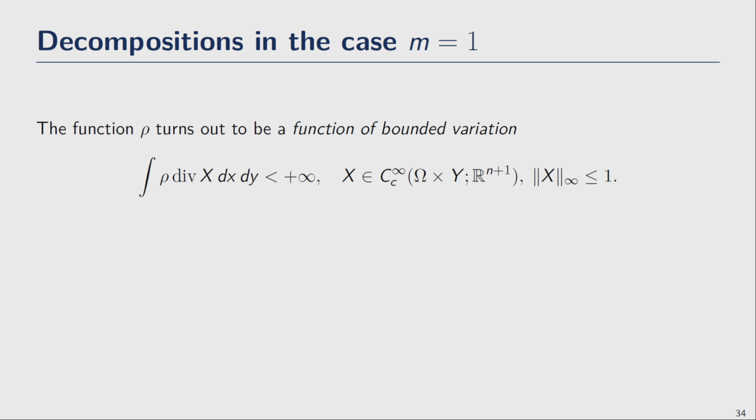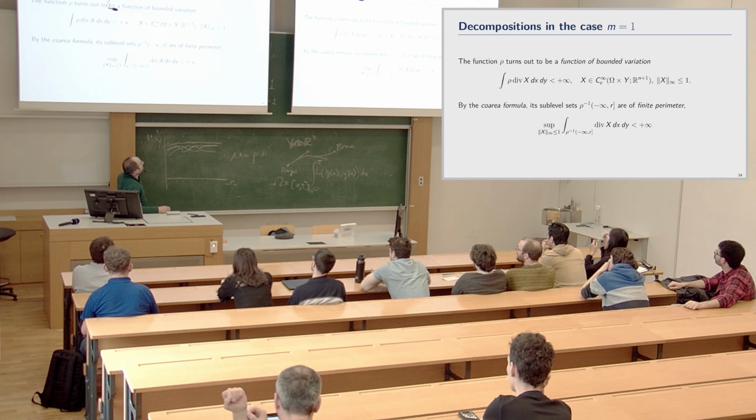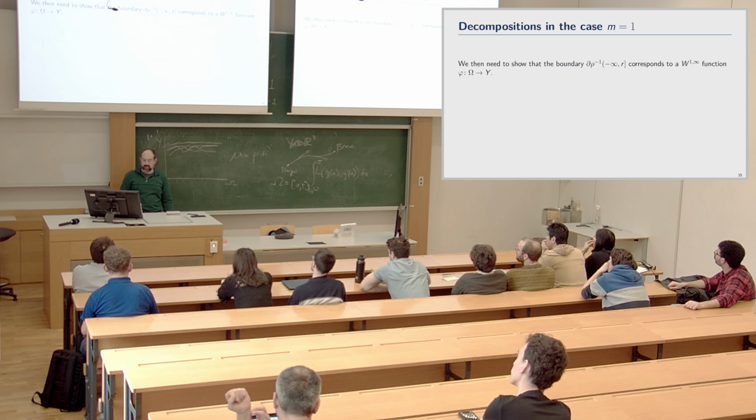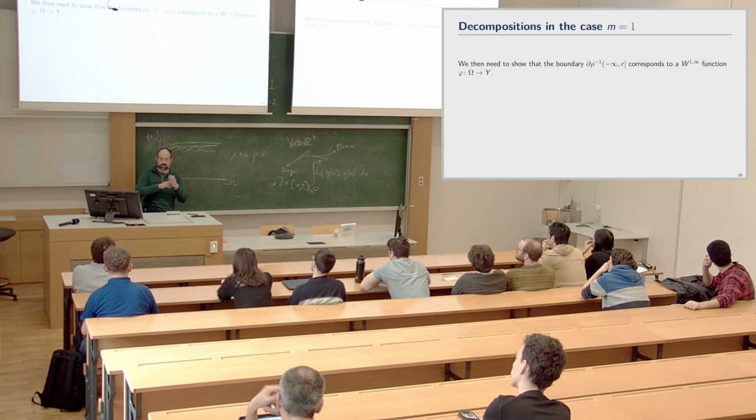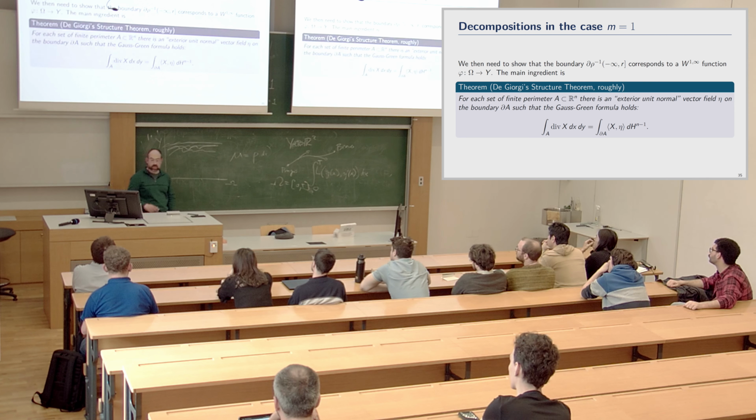So once you have that rho, it turns out to be a function of bounded variation, which means that it satisfies this kind of condition, and by the coarea formula, its sublevel sets are of finite perimeter, which means that they satisfy this other condition. And then we need to show that the boundaries of the level sets are actually Lipschitz functions, and De Giorgi already proved it.